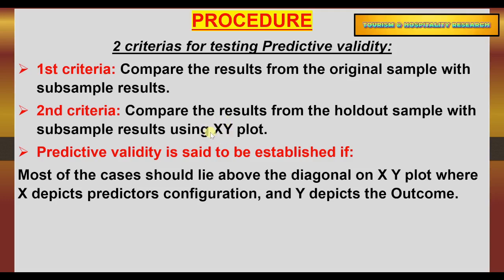How to do that? I'll show you in a while. Predictive validity is said to be established if most of the cases lie above the diagonal on the XY plot, where X depicts the predictor's configuration and Y depicts the outcome. So now I'll show you the practical.